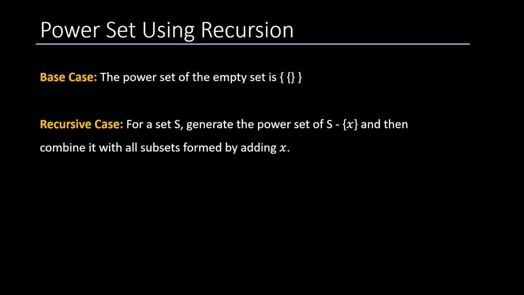In the recursive case, we take a set S and remove one element, let's call it X. We first generate the power set of S minus X, then combine it with all subsets where X is included. This step-by-step approach allows us to build the full power set by breaking the problem down into smaller parts.